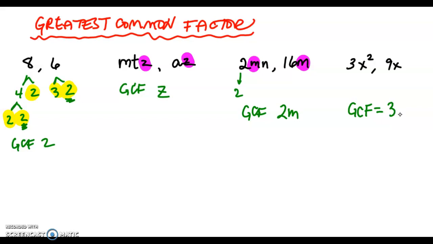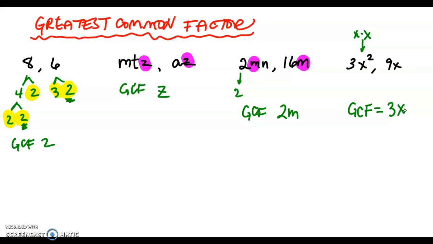Now what about variables? In this first term, we have 2 x's. We could write that as x times x. We know that's what x squared means. And in the second term, we have 1x. So we have 1x in common. They share 1x, and we have an extra 1 in the first one. So our greatest common factor would be 3x.